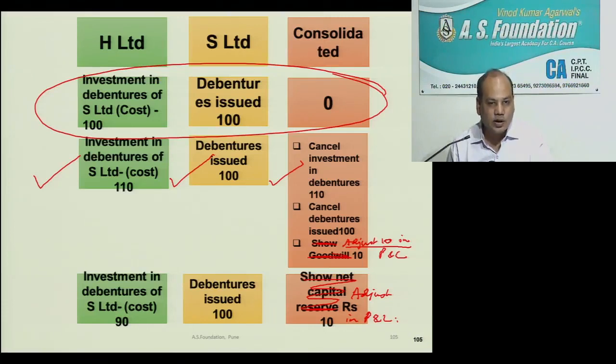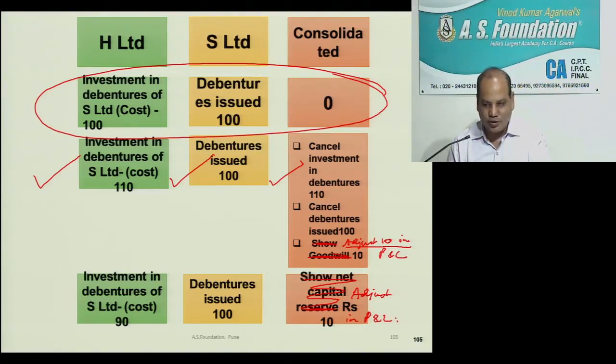But now in your ICAI study module, they have said adjust it against P&L account. Since they have changed their stand, I will also change my stand. There are three types of answers: right, wrong, ICAI. So we'll go by ICAI version.